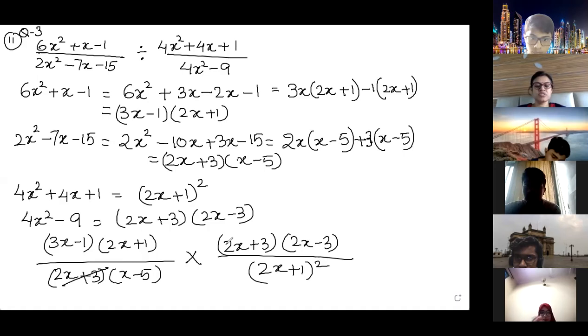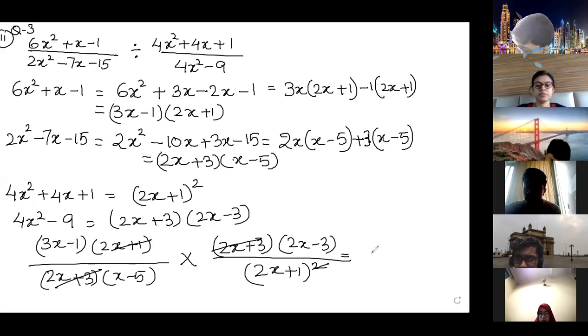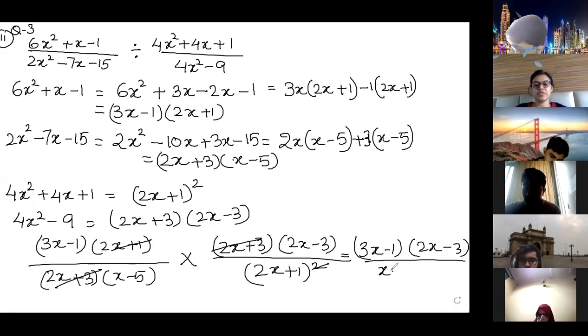So cancel 2x plus 1 and one power goes. What is left in the answer is 3x minus 1 into 2x minus 3 divided by x minus 5 into 2x plus 1. This is the correct answer.